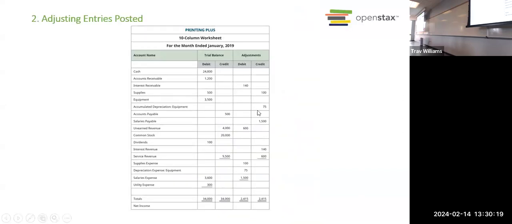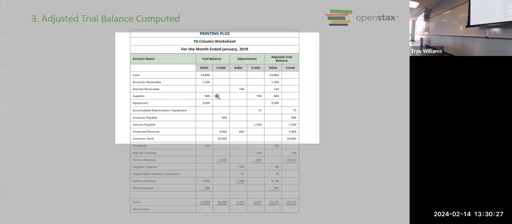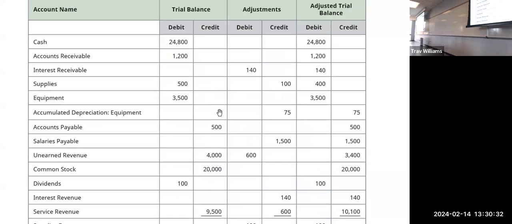Now, let's add another two columns. Now we have our adjusted trial balance. Okay. So now with the adjusted trial balance, we're just taking the original amounts. Here's an example. We had supplies.